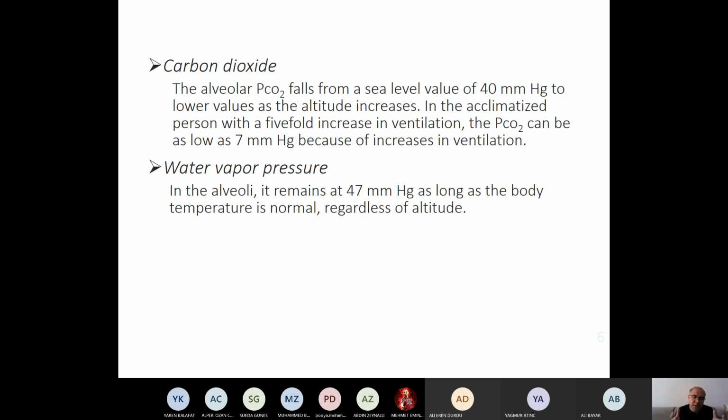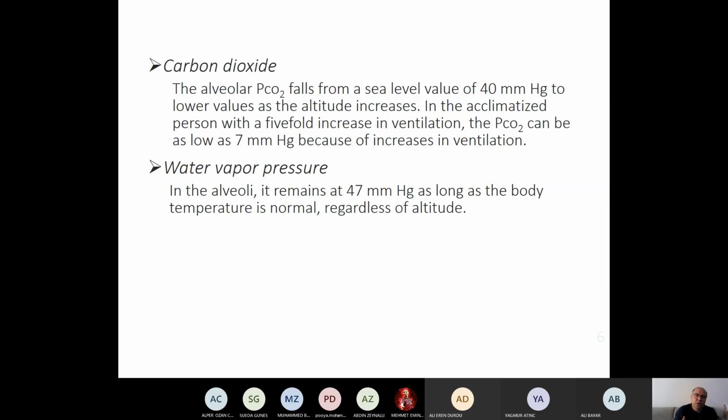We have conchae, and these conchae inside the nose will humidify the air, will clean, will filter the large particles in the air, and then it will reach the deep parts of the alveoli, okay? So water vapor is 47 millimeter mercury, and we lose about 500 milliliters of water via this evaporation, this insensible loss of water we are not aware of.